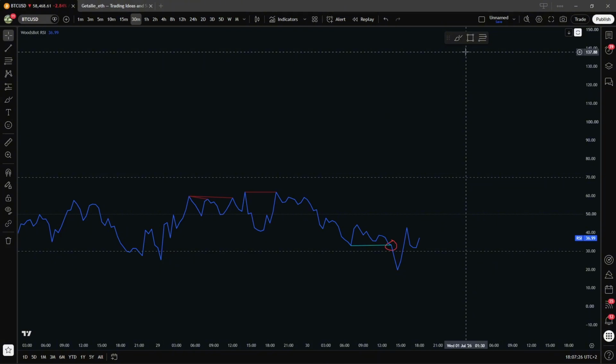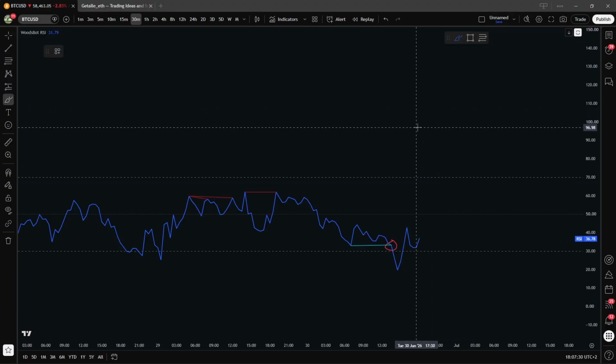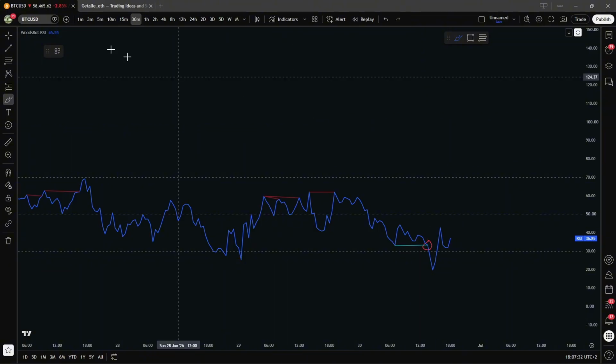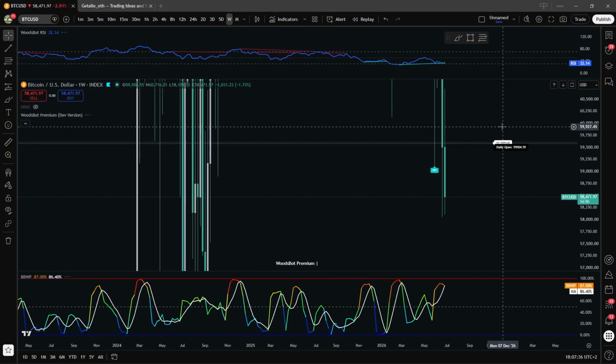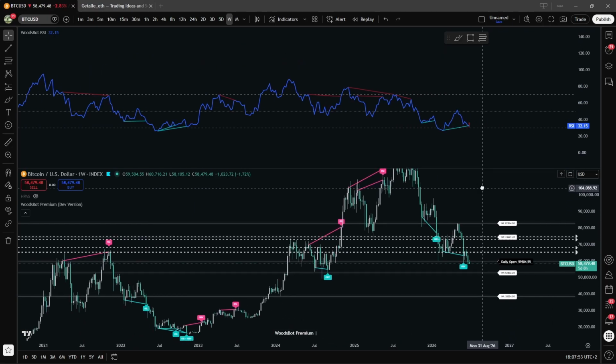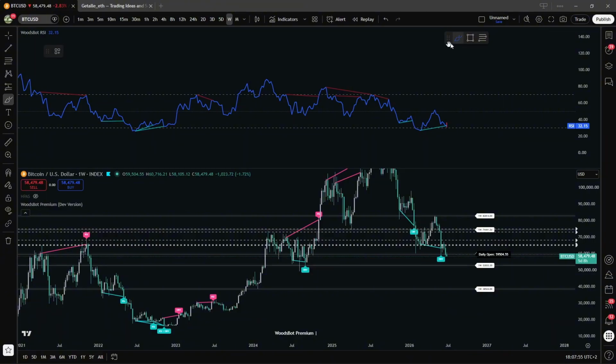RSI follows price action. If price action is strong, RSI follows the price action. And we can see this. I'm going to go to the weekly time frame so it's easier to see. What we can see here is that price action always follows the RSI and vice versa. Price action is making a low right here, and RSI is doing the same thing, right?